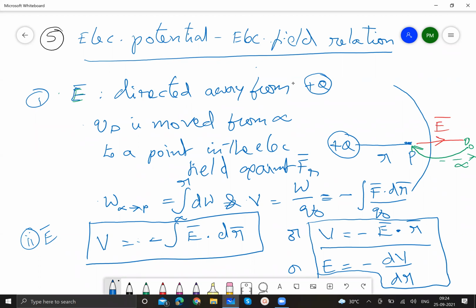The electric field at a point in the electric field can be defined as the negative gradient of electrostatic potential at that point. Negative gradient, what I mean is this, minus dV by dr. Negative gradient of electrostatic potential at that point.